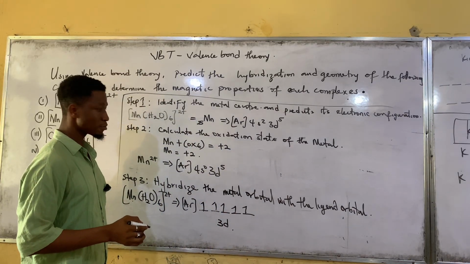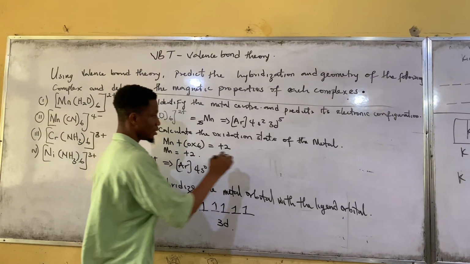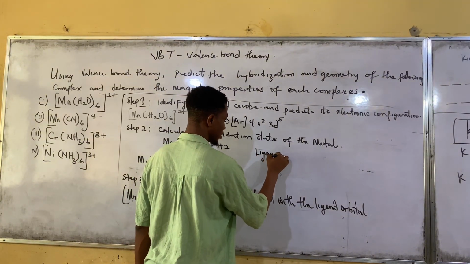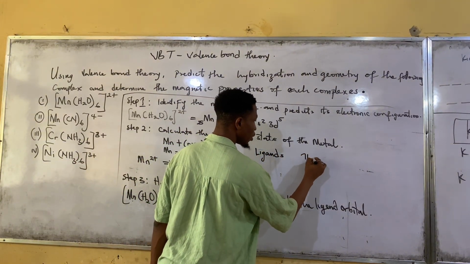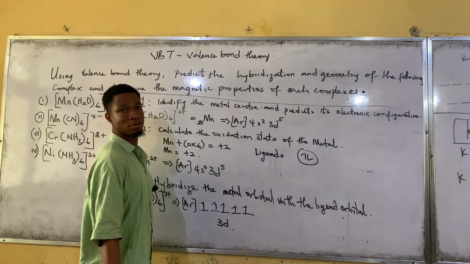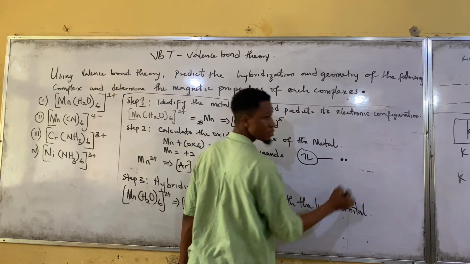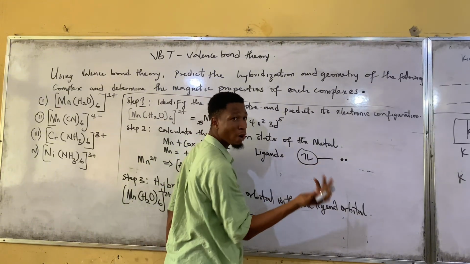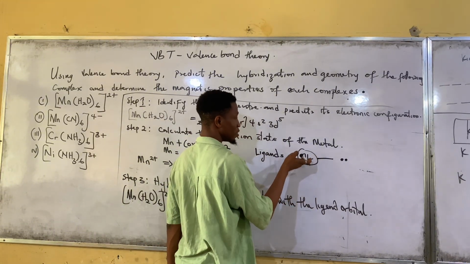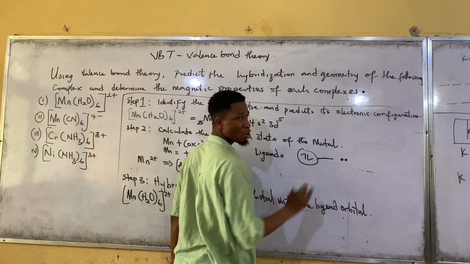Are we together? Now ligands donate lone pairs of electrons. You can represent a lone pair as dots like this. You see that it's 2 dots. You either represent it like this or like this.